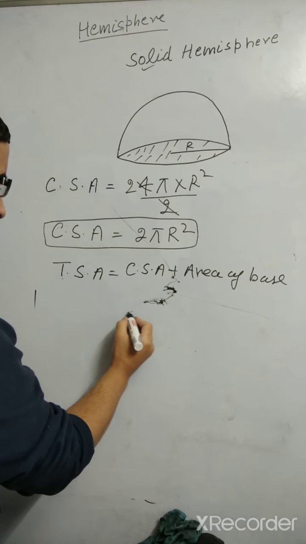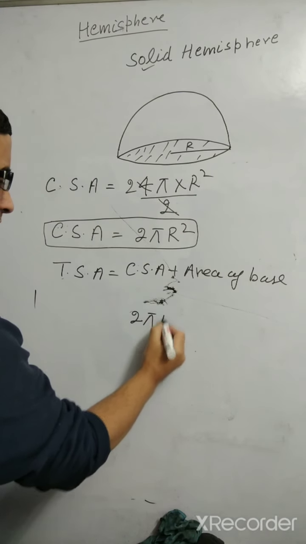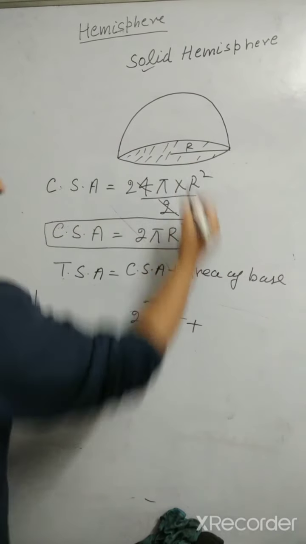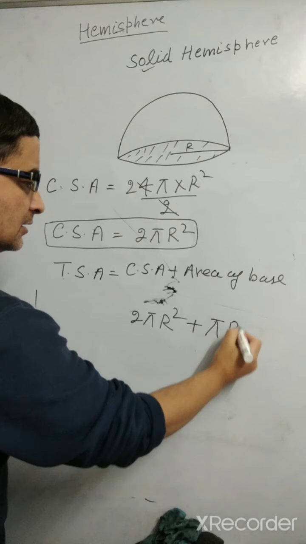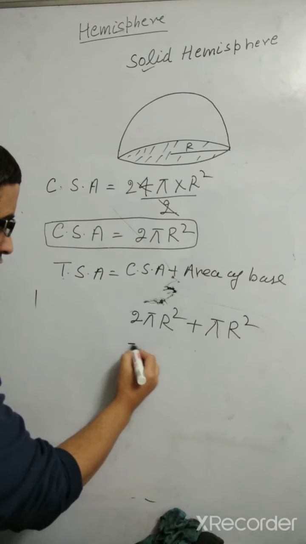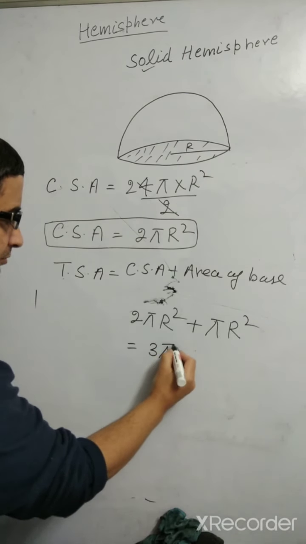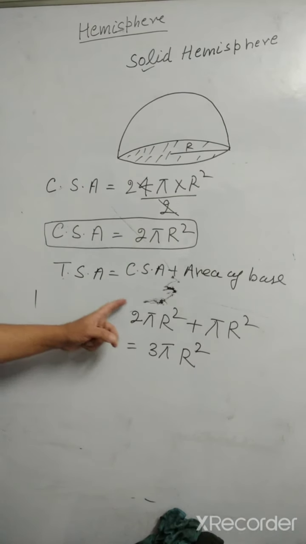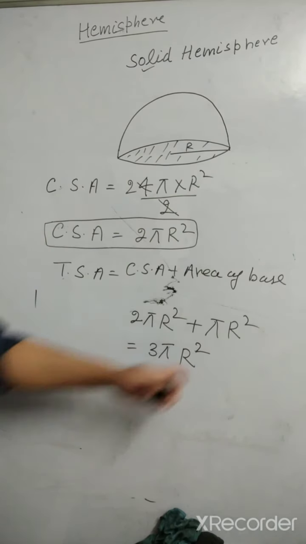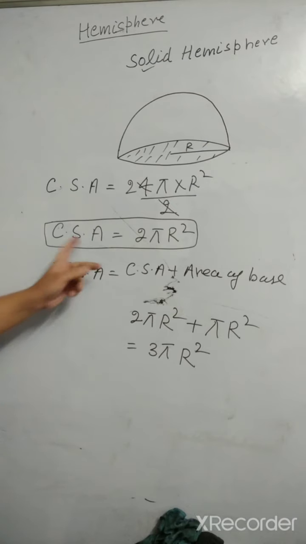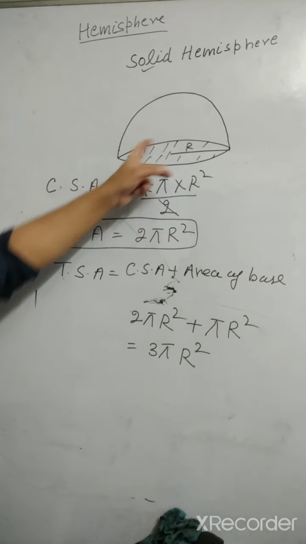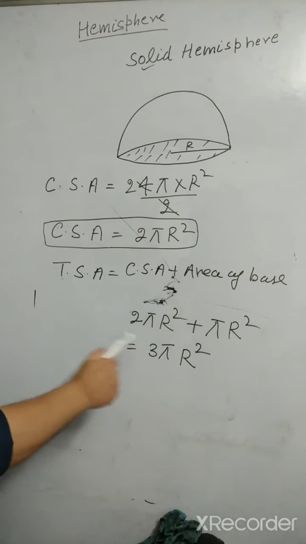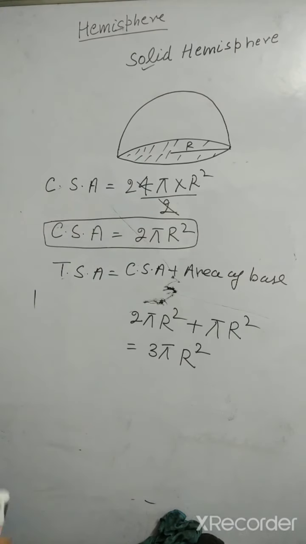So total surface area will be 2 pi r square, this is the curved surface area, plus area of base, which will be pi r square. So this will be 3 pi r square. So total surface area will be 3 pi r square. It will be what? Curved surface area plus area of this base. This will give you the total surface area of this hemisphere. Okay.